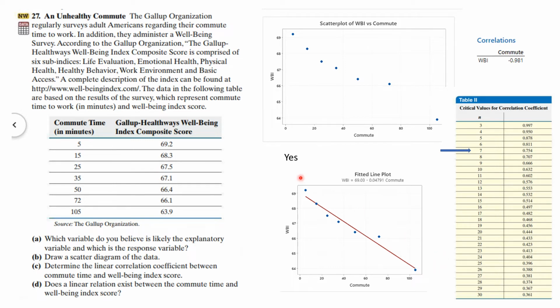And of course it was good enough to use, so I could use this to estimate values, like saying, suppose your commute time is 10. What do I expect your well-being index to be?